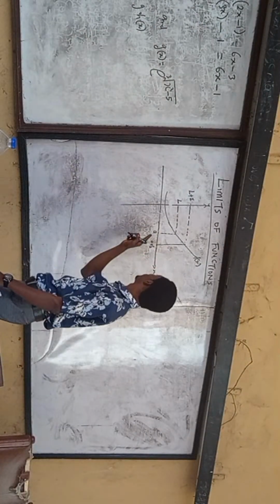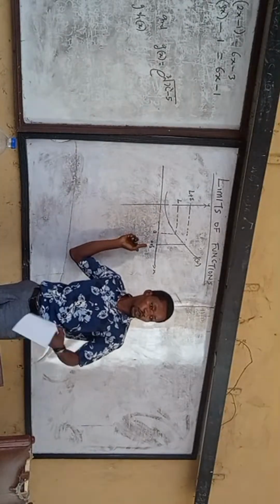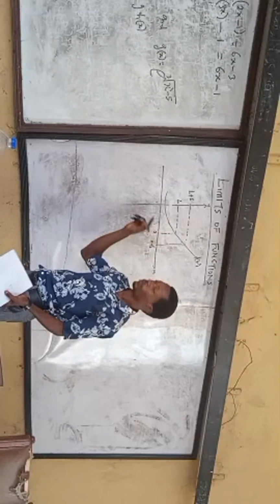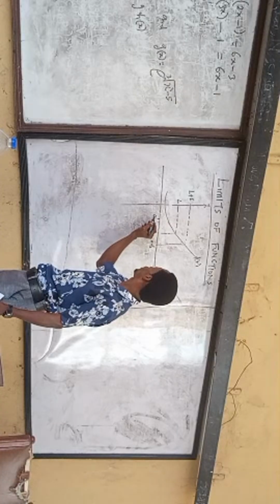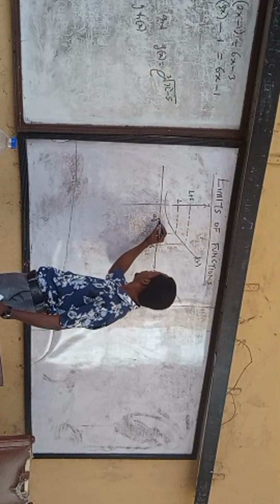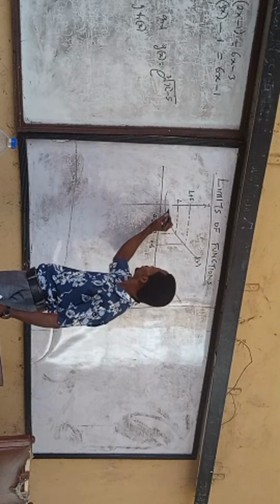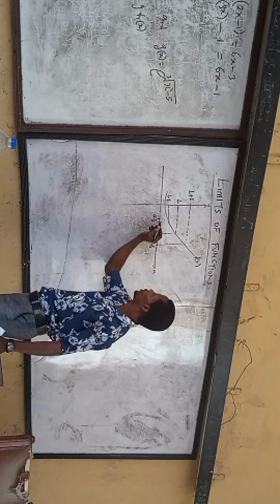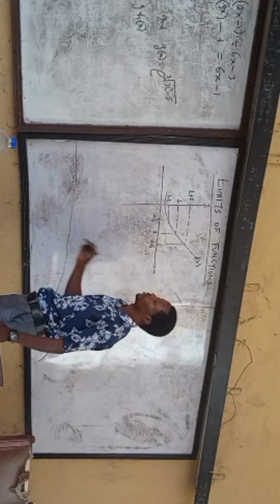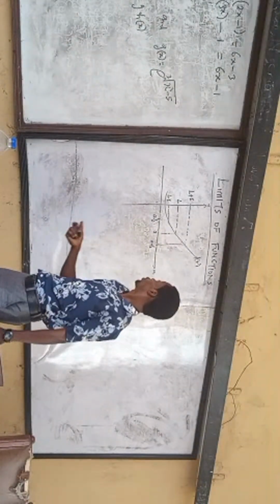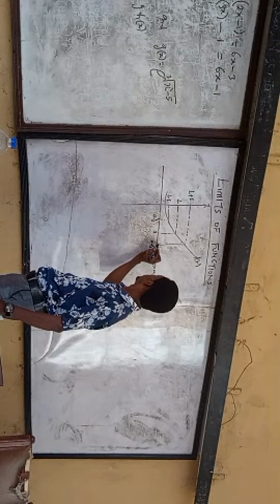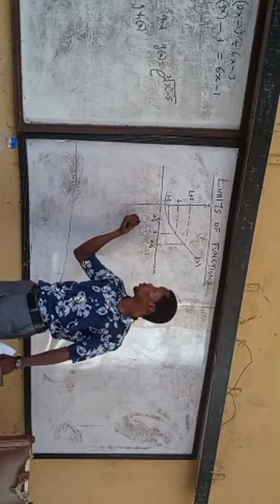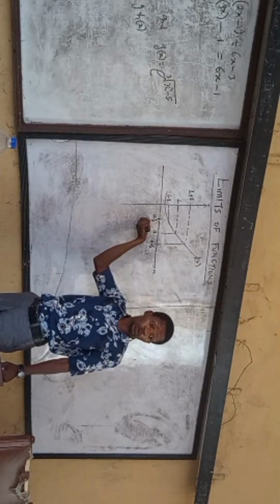Are you okay? Then if I subtract that number, I will have A minus delta, and the value of the function here is L minus epsilon, so that this becomes an interval. In this interval, A minus delta is a particular value of x.